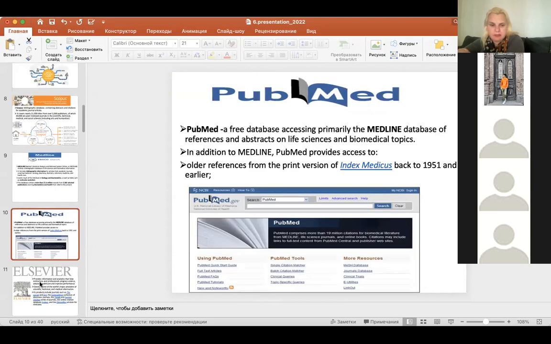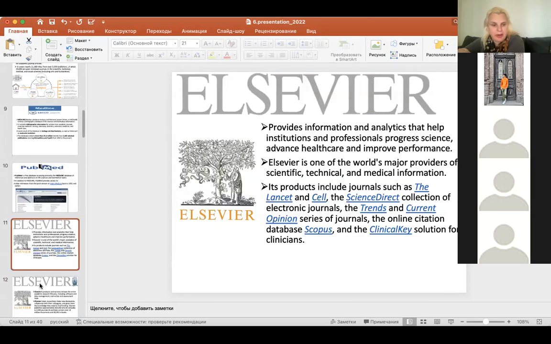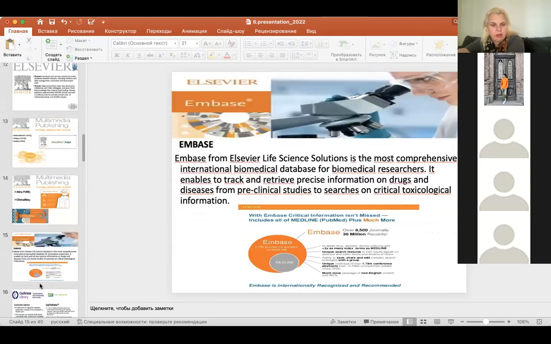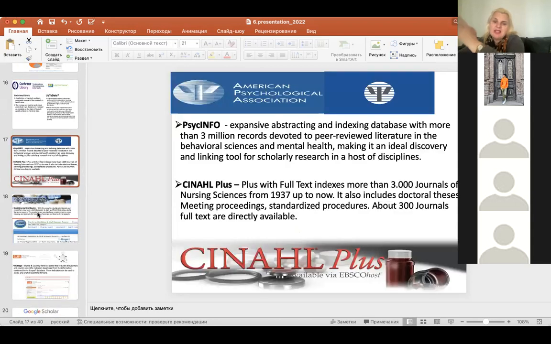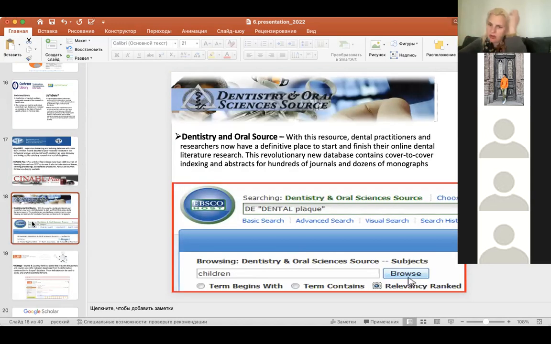What is PubMed? What is the Savior? It's special for dentists. Not only dentists, but researchers in the stomatology and dentistry area.